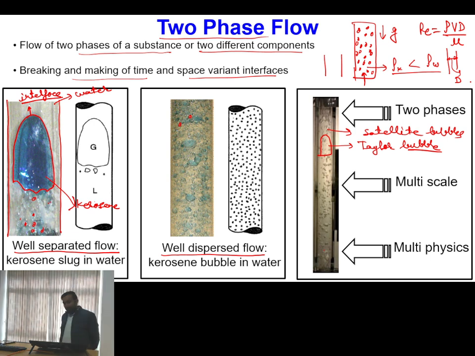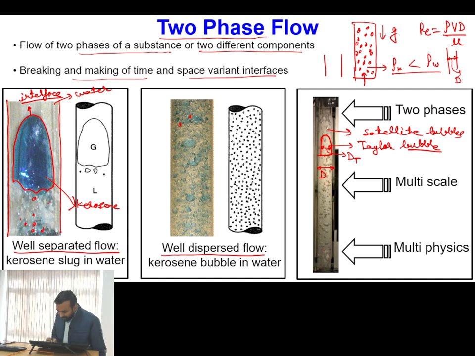However, in the multi-phase flow situation, there is a big chunk of bubble, which is a slug bubble, a Taylor bubble, and then this is my internal diameter, and this is the length scale of the Taylor bubble, dt.